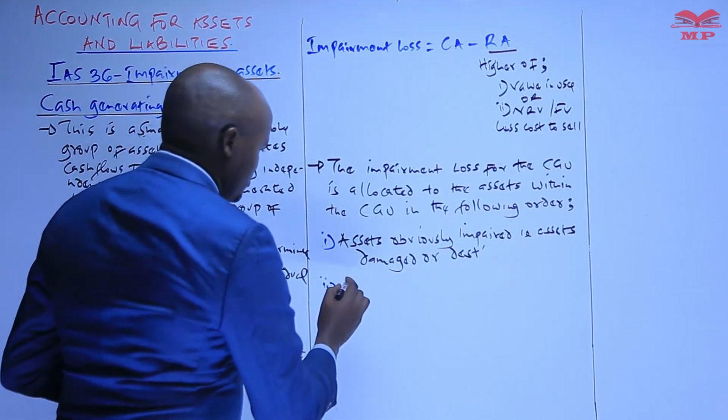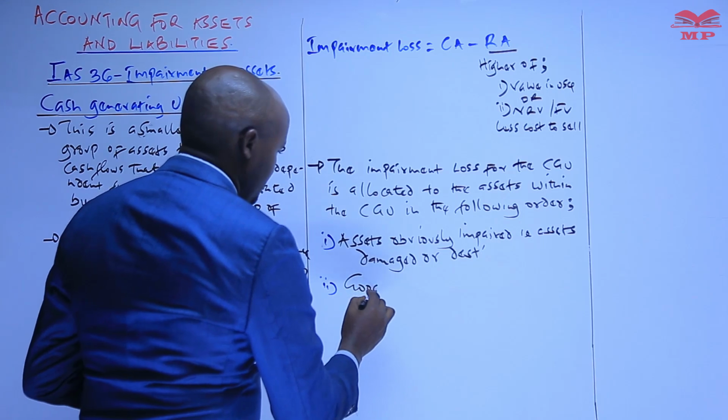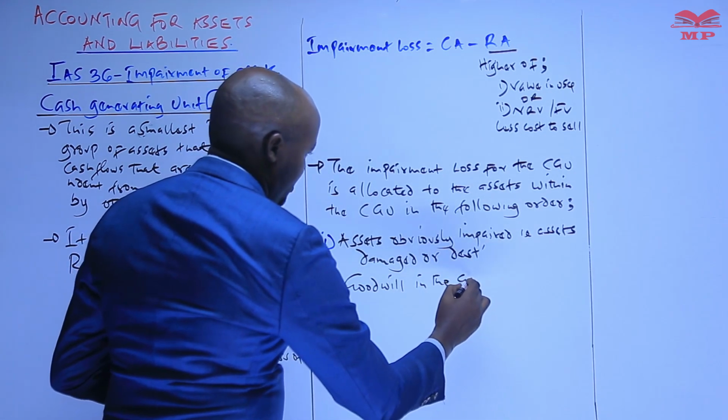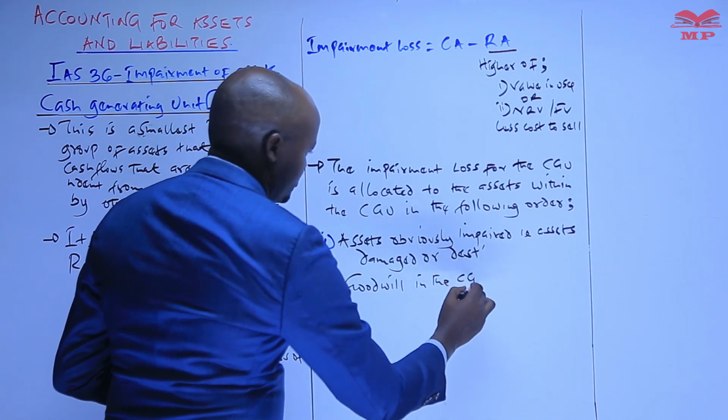Number two, we allocate impairment loss to the goodwill in the cash generating unit, or in the CGU.